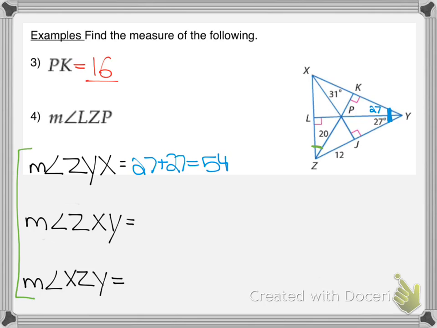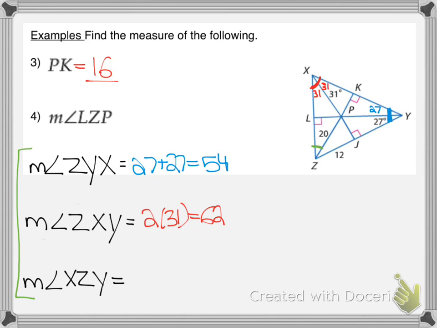Now let's look at the next one. Angle ZXY would be this top angle here. So we know that this one is 31. So that means this one must be 31 too, because these are angle bisectors. So this angle would be 2 times 31, which is 62.